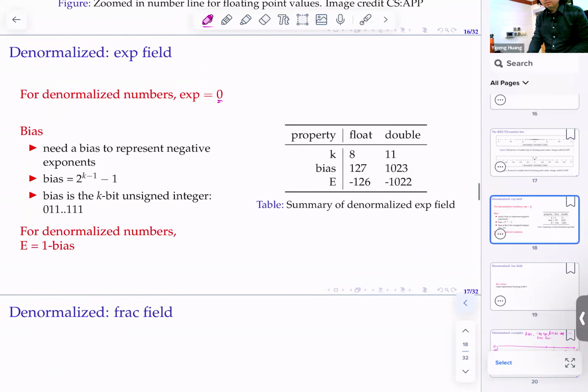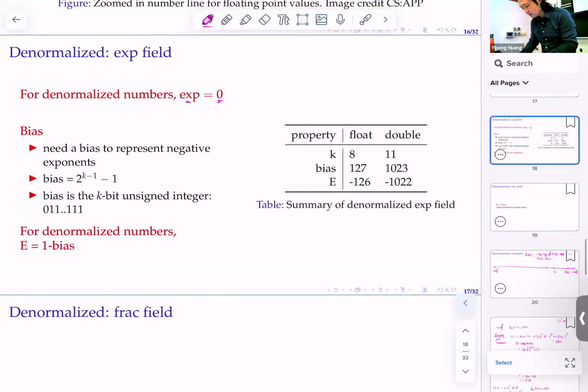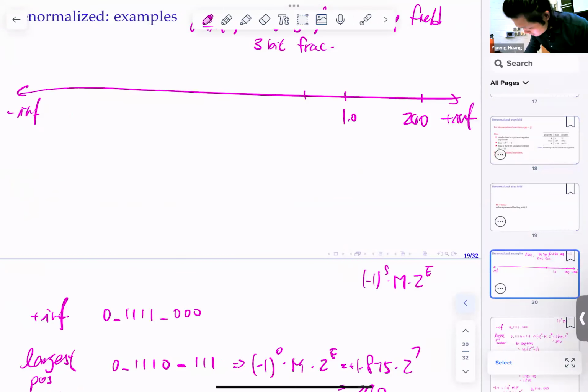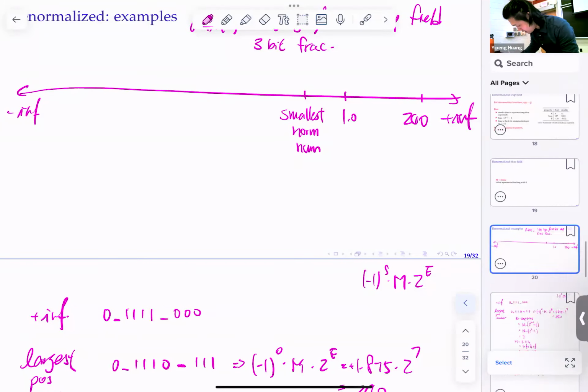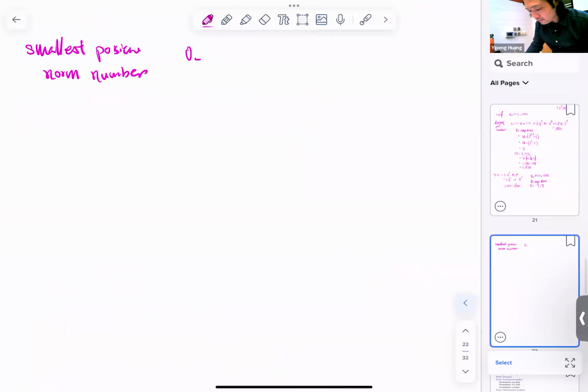All zeros in the EXP field is reserved for 0 and also denormalized numbers. So for the smallest normalized number, the EXP field is at least a 1. This will preserve that it's still a normalized number.